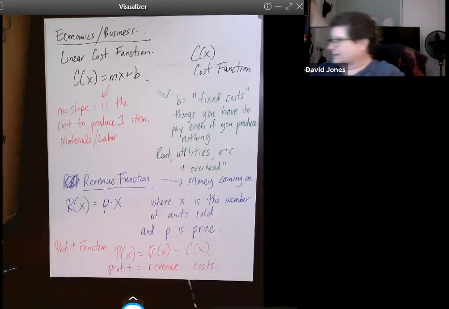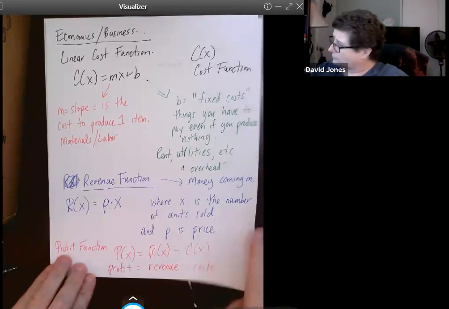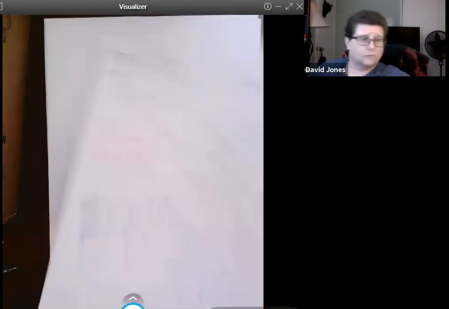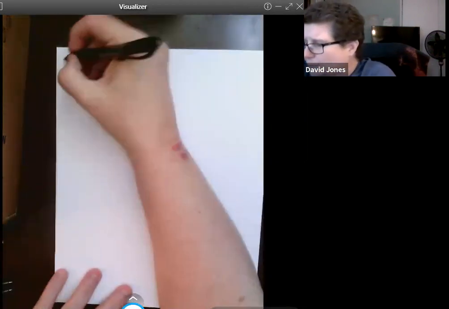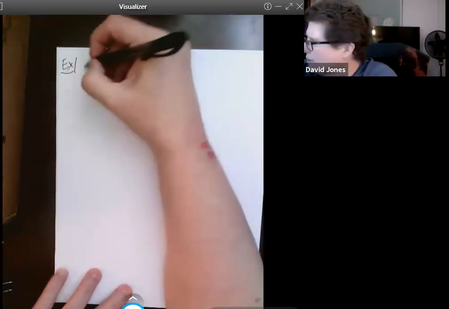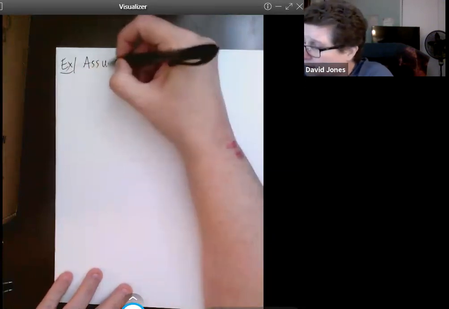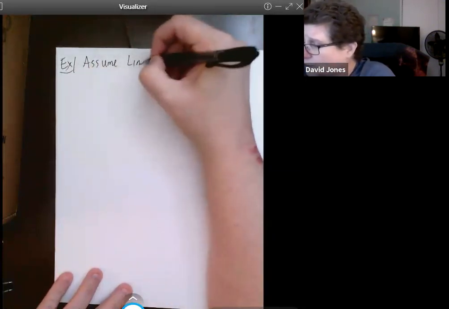All right, let's look at an example. Not all business models have a linear cost, so we're going to assume linear models.